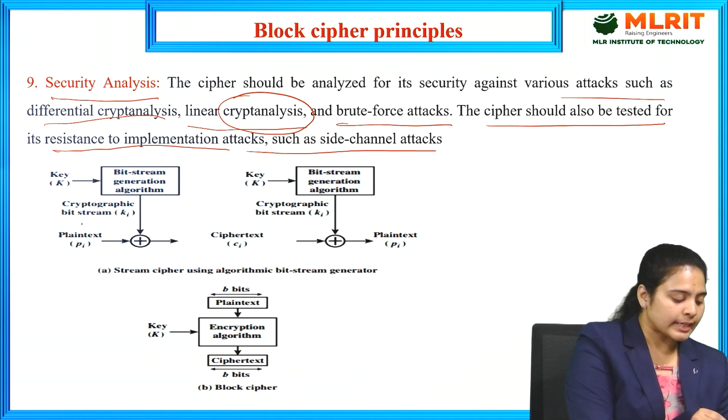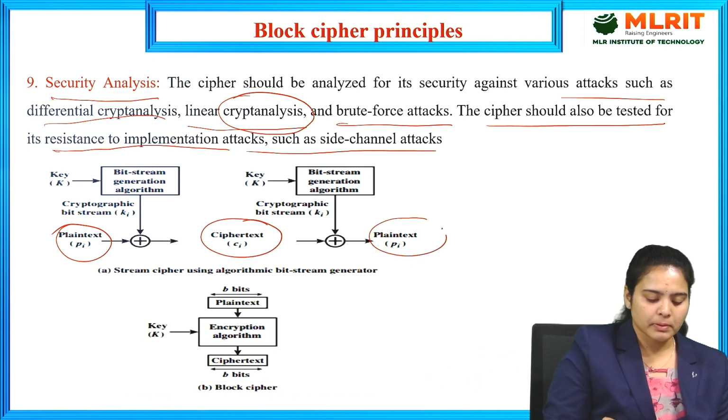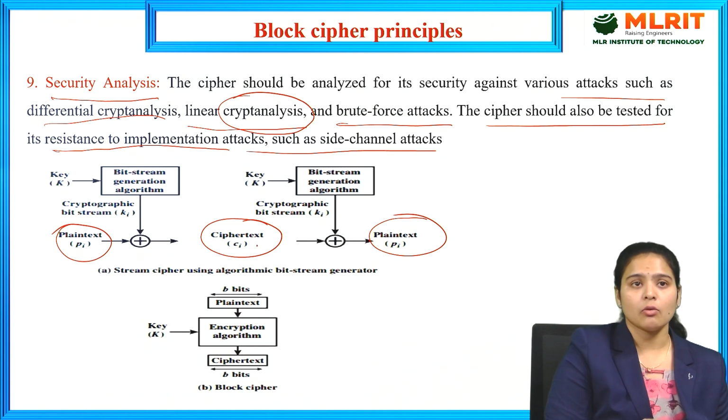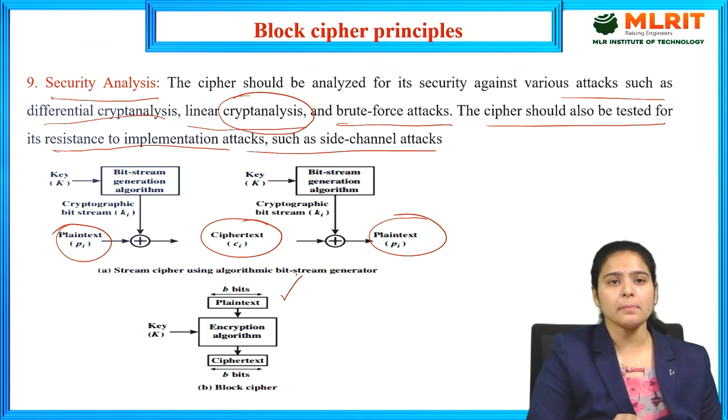Here we have plain text and ciphertext. Plain text is the original message. Ciphertext is whatever is the encrypted form of the plain text. Here we have the number of bits for the plain text process.